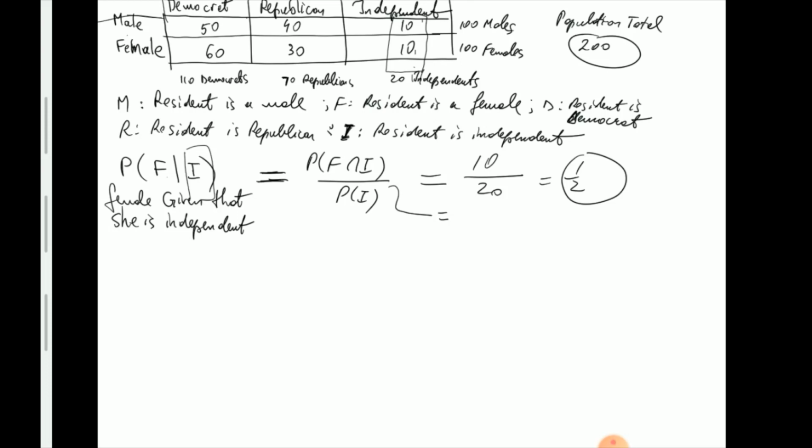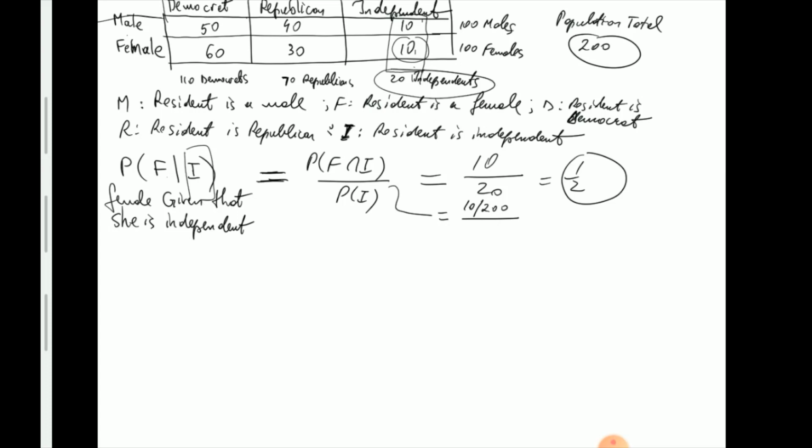If you want to do it just for practice, the probability of F and I, well, we look at the intersection between females and independents. That's going to be exactly 10. So of all the people in this community, there are exactly 10 female independents, divided by the total number of people, which is 200. And the probability of just independent, well, there are 20 independents.